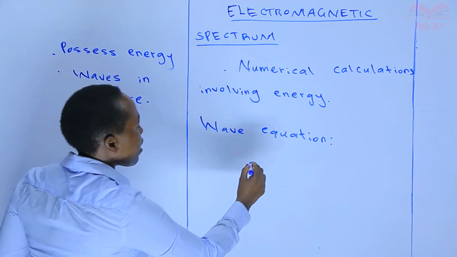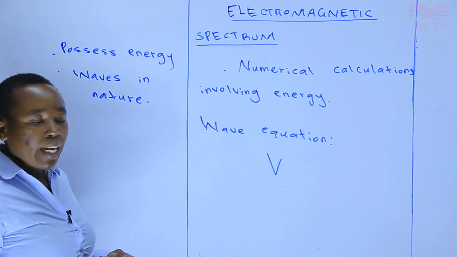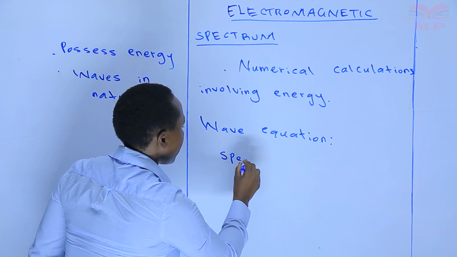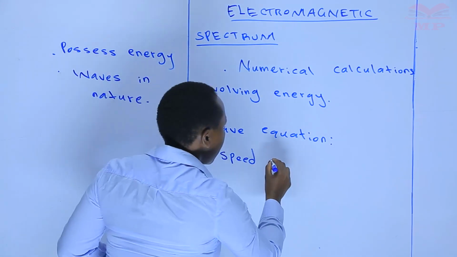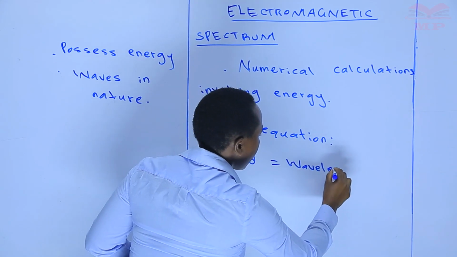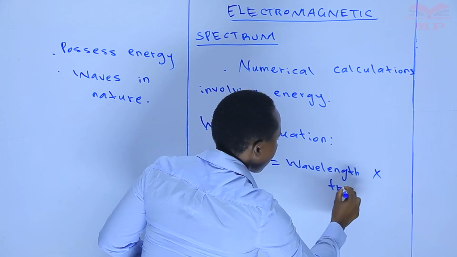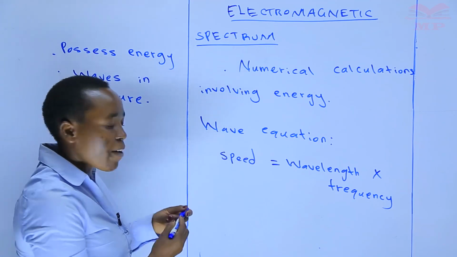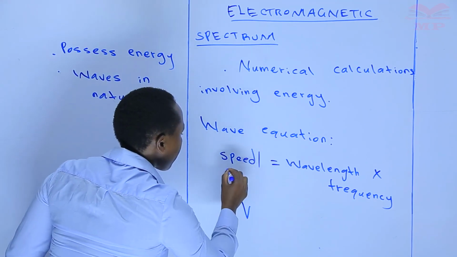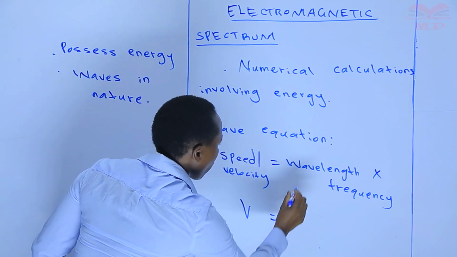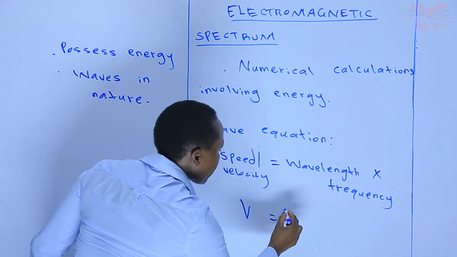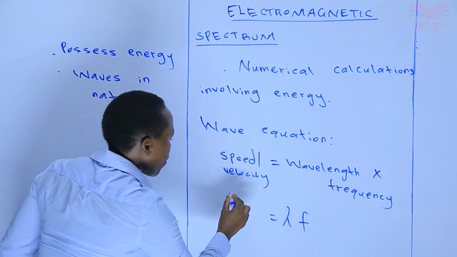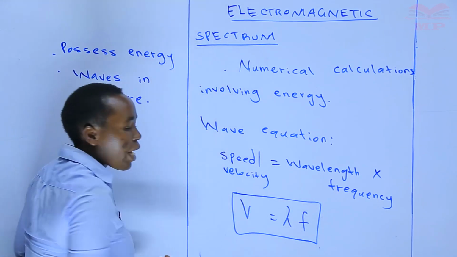The speed or velocity of a wave is equal to wavelength multiplied by frequency. The symbol for velocity is V, for wavelength is lambda, and for frequency is small letter f. Therefore, V is equal to lambda f.